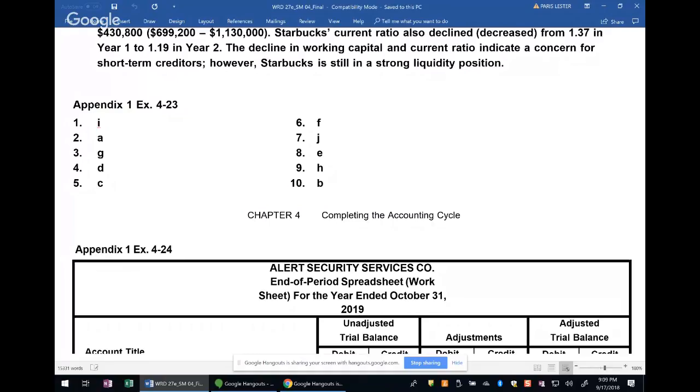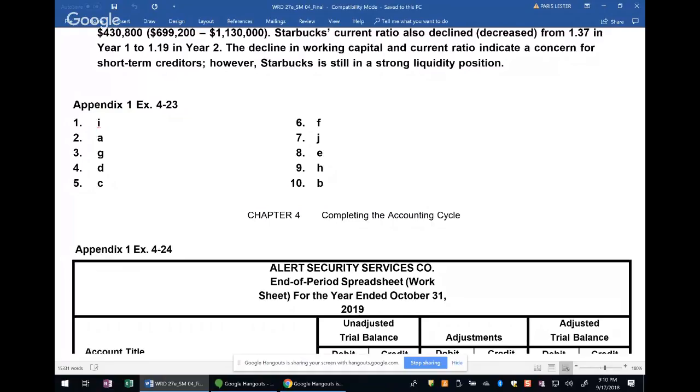Joshua, what do you think about that one? Credit your wages payable. Right, credit wages payable, but what do you debit? Wage expense for $1.